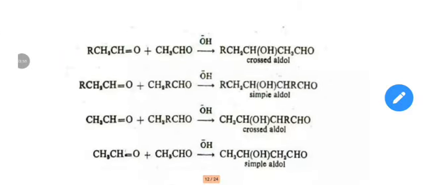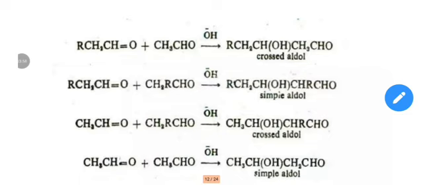The four aldol products are obtained: CH3CH=O plus CH3CHO, then OH minus reacted with the base to form a crossed aldol product. Then CH3CH=O plus CH2CHO, then OH minus to form a simple aldol.